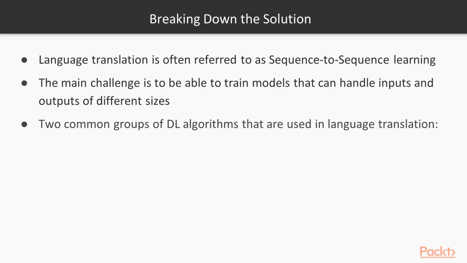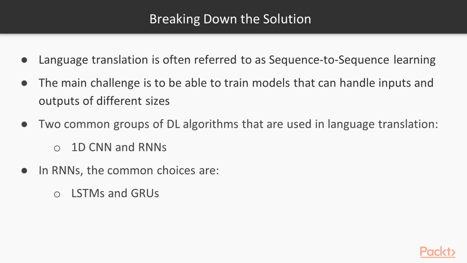There are two common groups of deep learning algorithms that are often used in language translation. Those are one-dimensional convolutional neural networks, and as you've seen in previous challenges, we've used one-dimensional convolutional neural networks with word embeddings for classification problems, and they can be used for language translation. And there are also recurrent neural networks, which are quite popular right now.